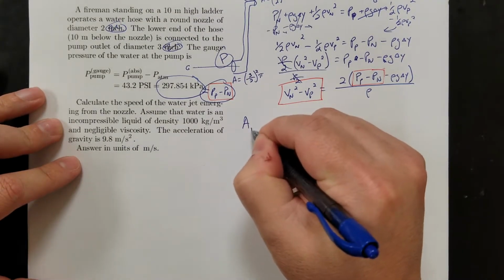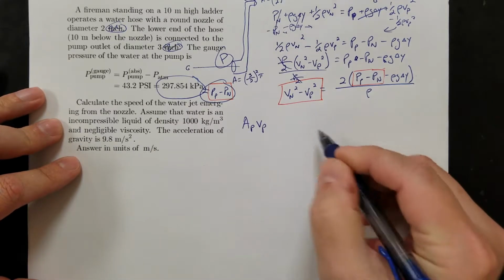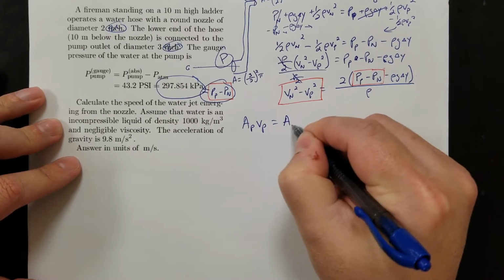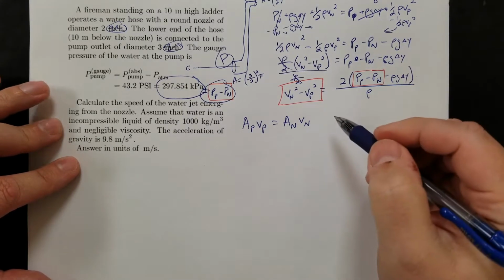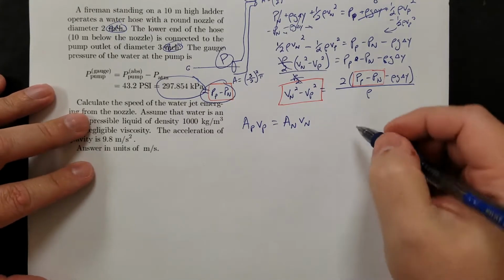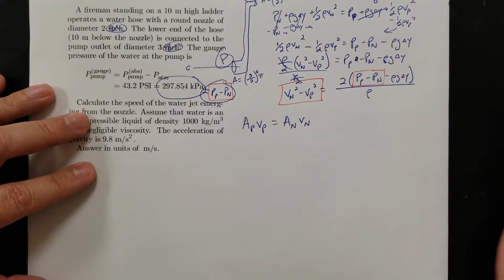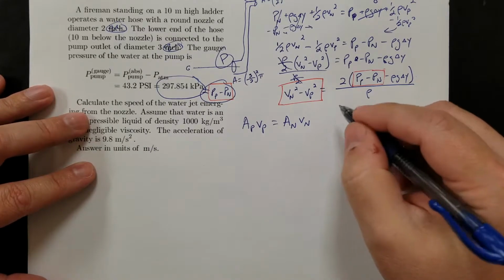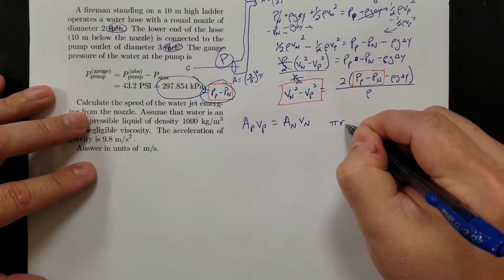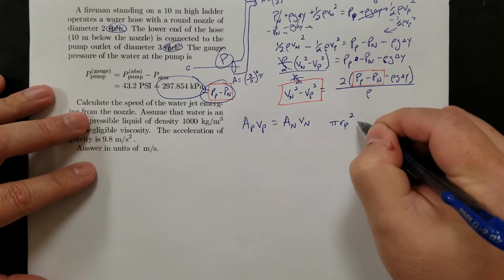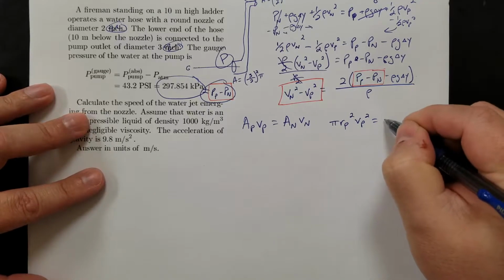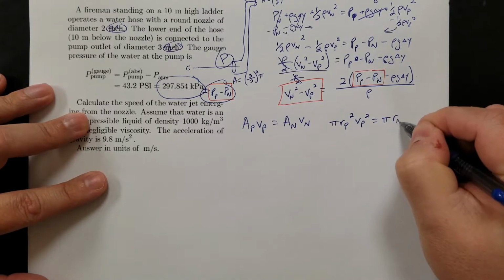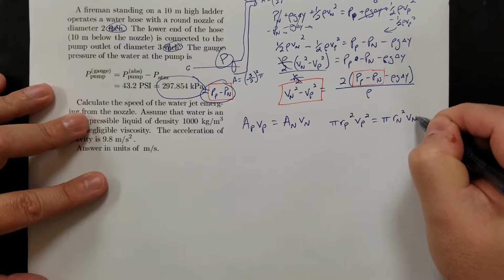So area of the pipe times the velocity in the pipe equals the area at the nozzle times the velocity in the nozzle. Okay, so let's write this in terms of pi r squared. So pi times the radius of the pipe squared times the velocity of the pipe squared equals pi times the radius of the nozzle squared times the velocity of the nozzle squared, right?